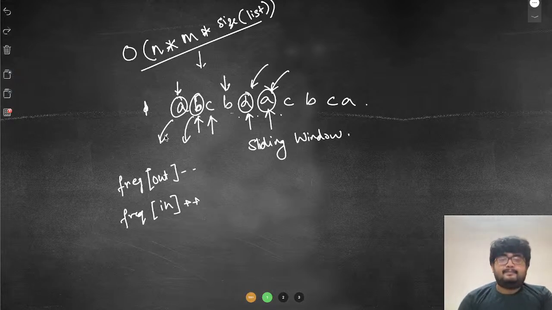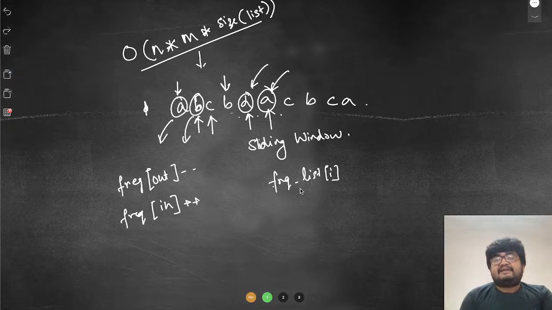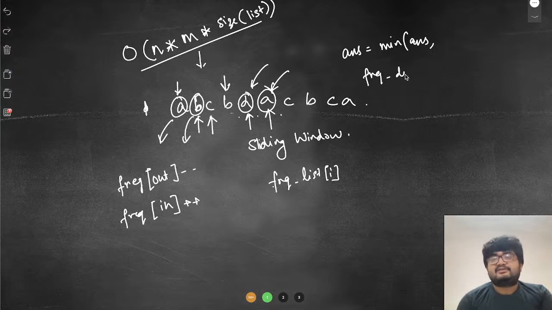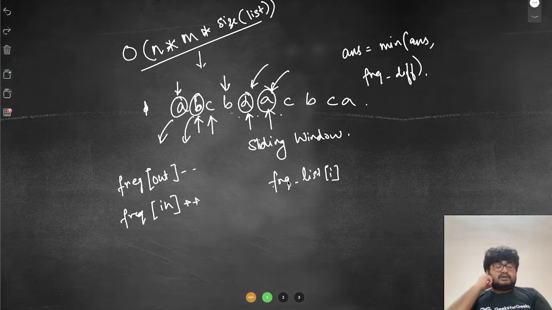Then we compare the frequency with the current frequency of list of I and check if the frequency is the same. In that case we will proceed. We'll find the difference and update our answer equals min of answer comma frequency difference. So that's what we'll do.